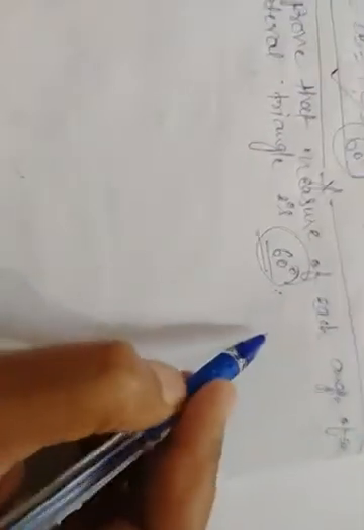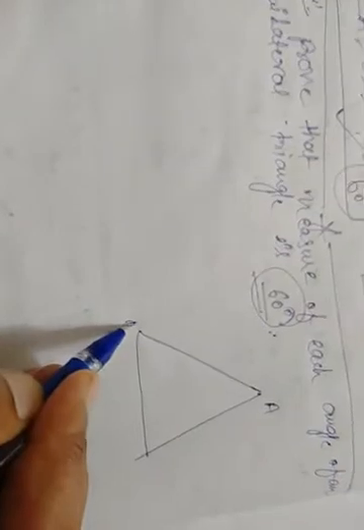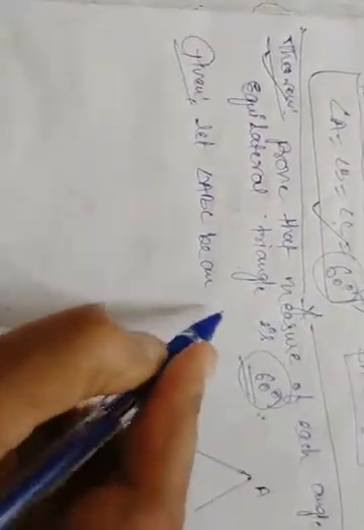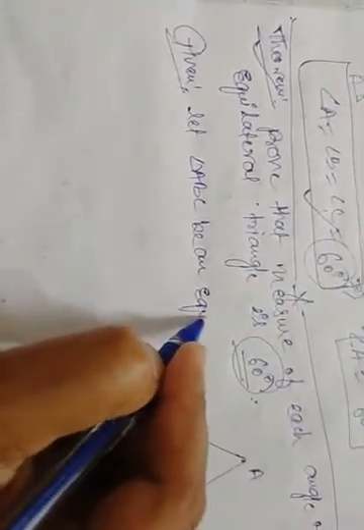Now, in proving the theorem, first of all we write Given. First of all we draw an equilateral triangle ABC. Given: let triangle ABC be an equilateral triangle.